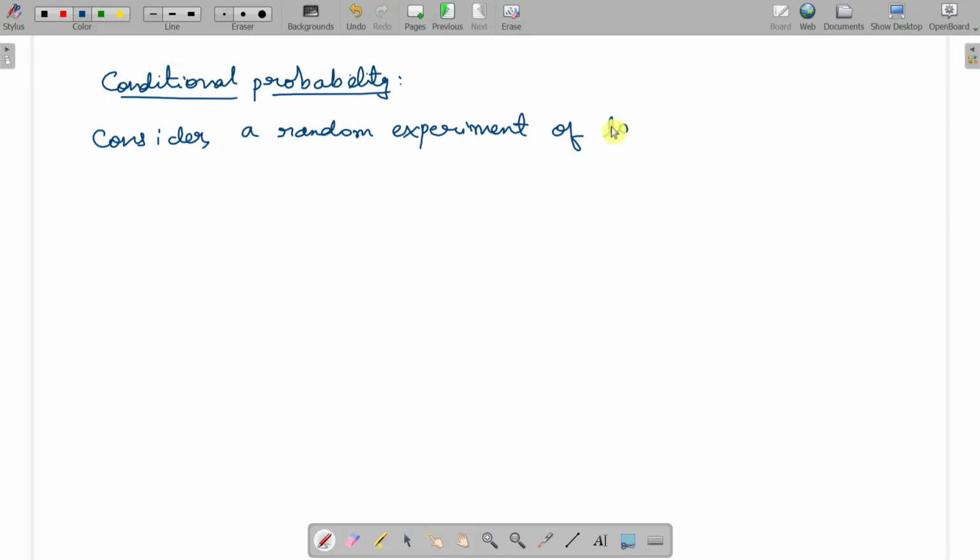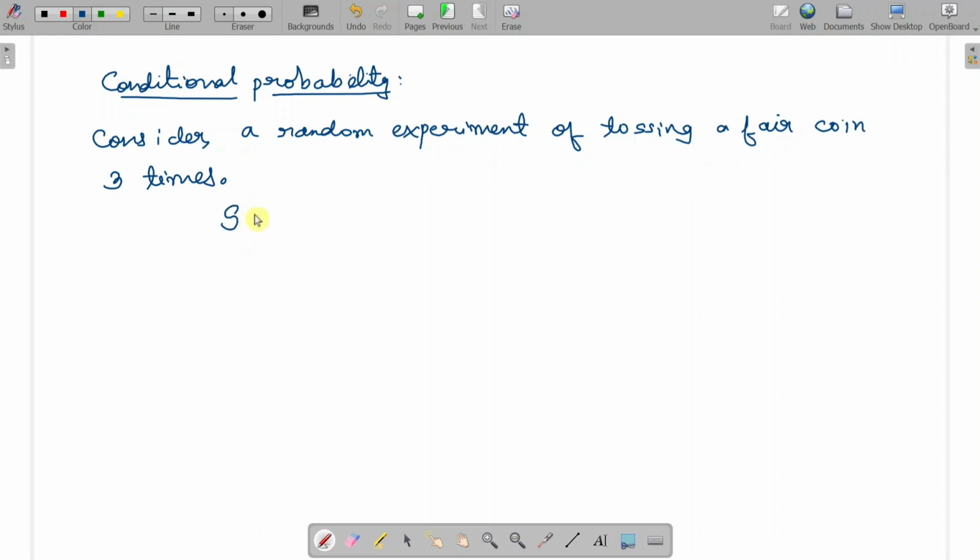So consider a random experiment of tossing a fair coin 3 times. That means it is not a biased coin, so it is a fair coin.